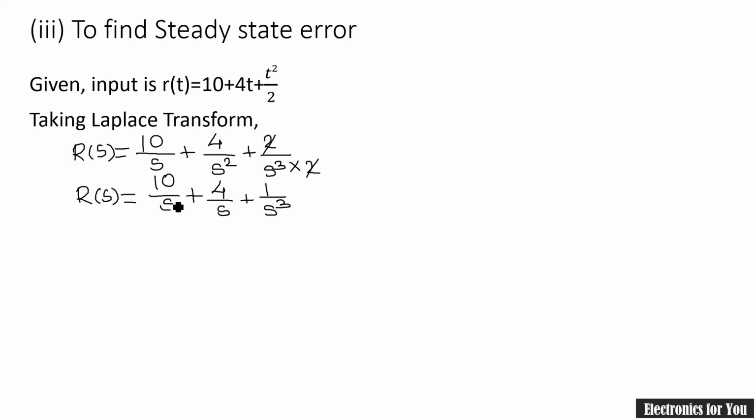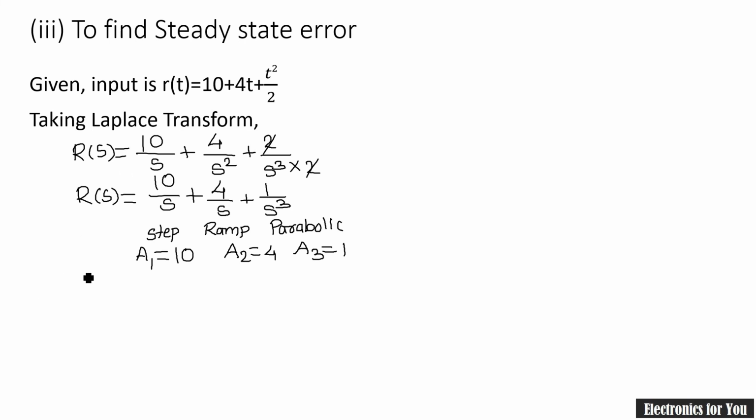And therefore again the same things are here, it's a combination of step signal, ramp signal, and parabolic signal. Therefore let a1 equal 10, a2 equal 4, and a3 equal 1.